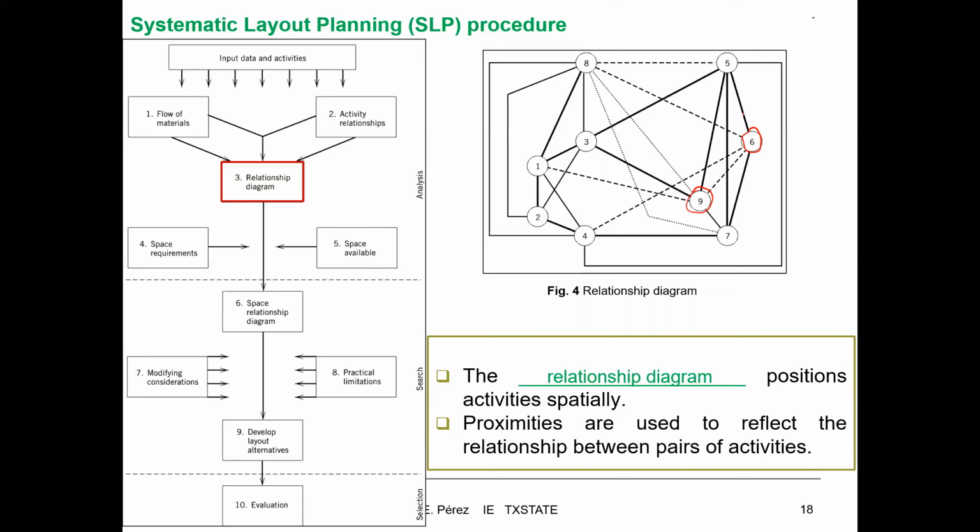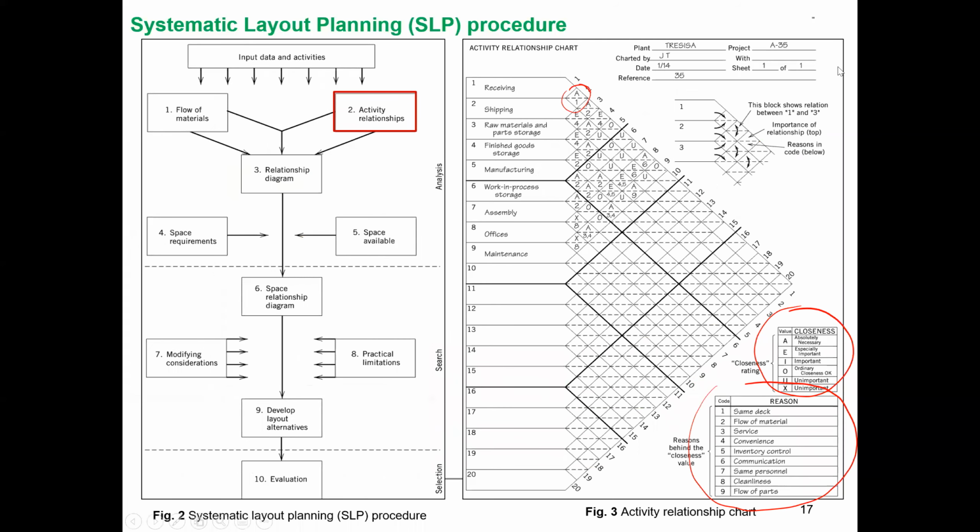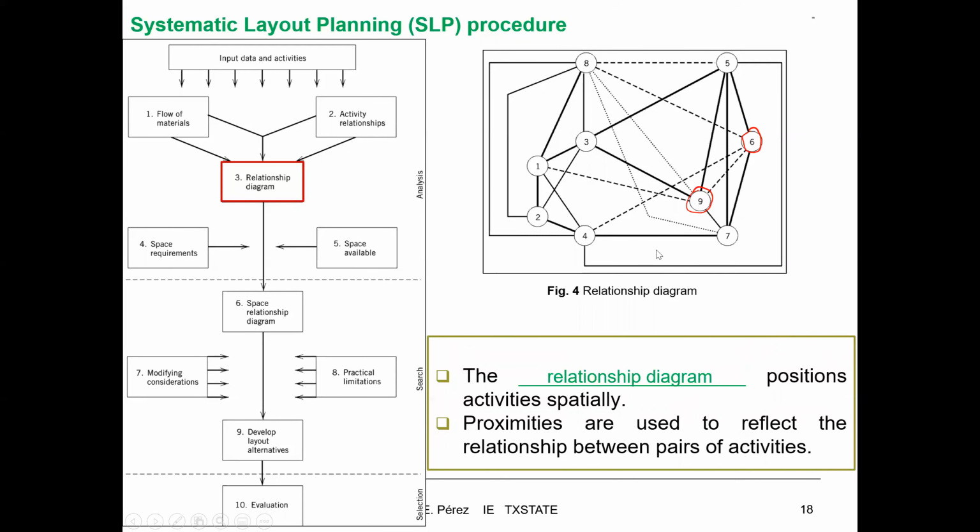In the same way that we define, for example, A, E, I, O, U, and X, those letters represent a closeness need, right? The same way we can show that using different types of lines. So you see you have the dotted line, you have another type of dotted line here, then you have the bold line and so on. So those have a meaning.